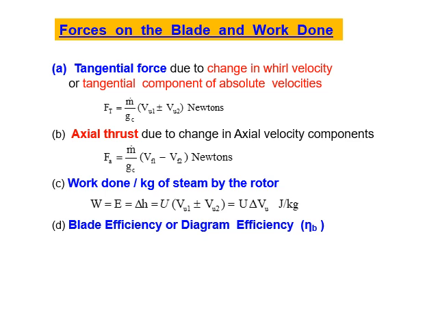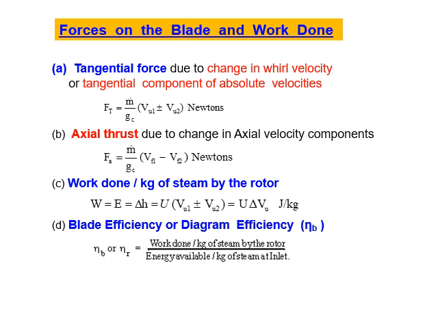Then blade efficiency or diagram efficiency, denoted by eta B or eta R. The blade efficiency or rotor efficiency is the ratio of work done per kg of steam by the rotor to the energy available per kg of steam at inlet.